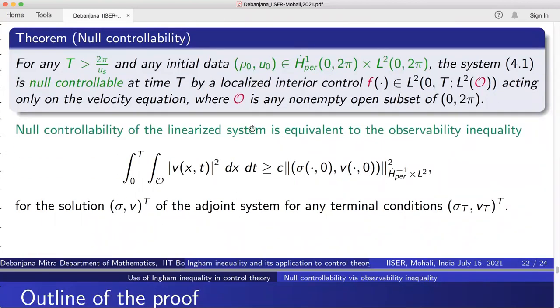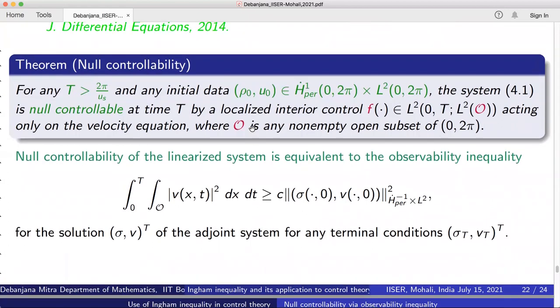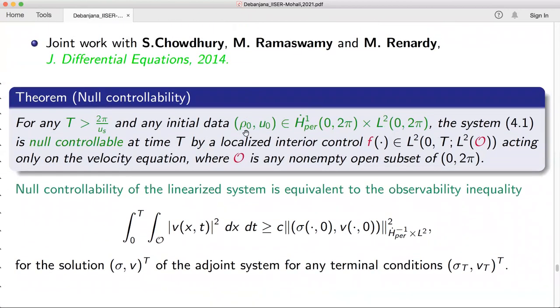What we studied is that the system is null controllable at any time T, provided capital T is greater than 2 pi by u_s, and for any initial condition rho naught, u naught coming from H1 dot cross L2, using a control f acting inside the domain. Forget about null controllability, because I didn't explain it.